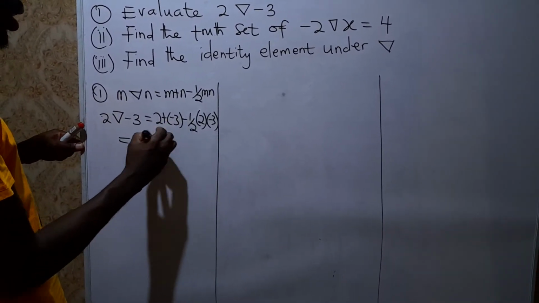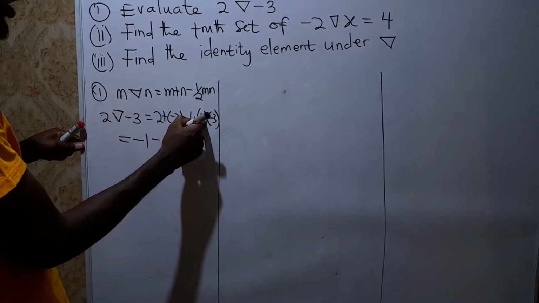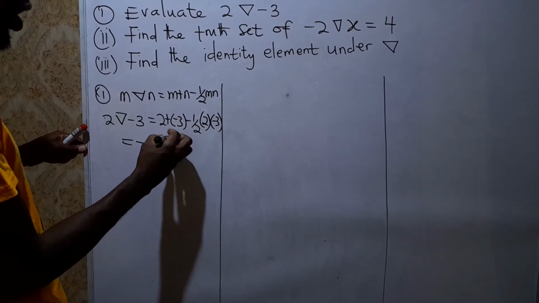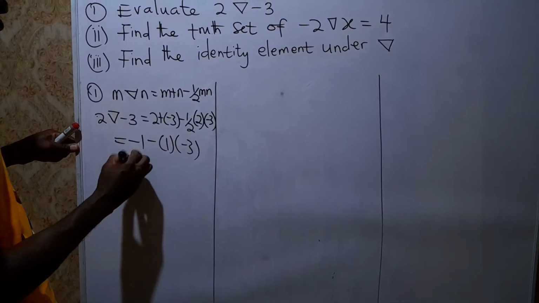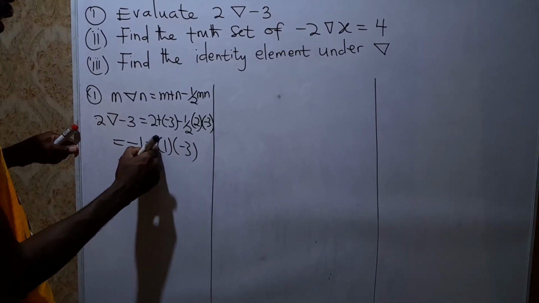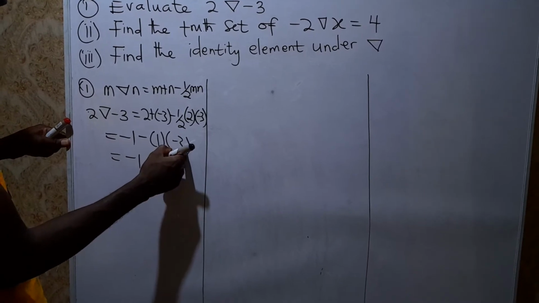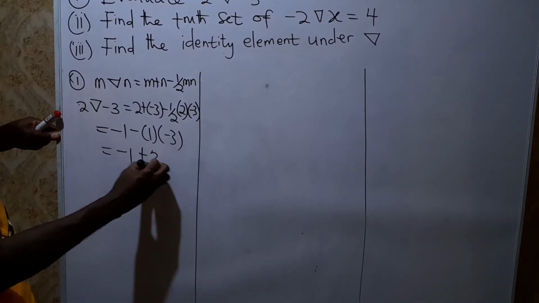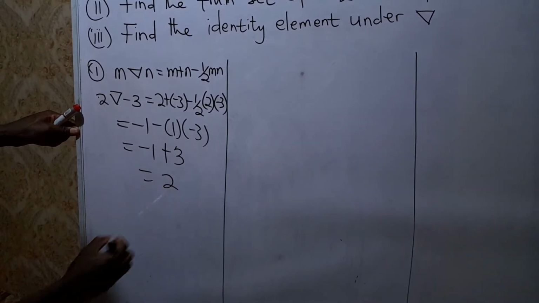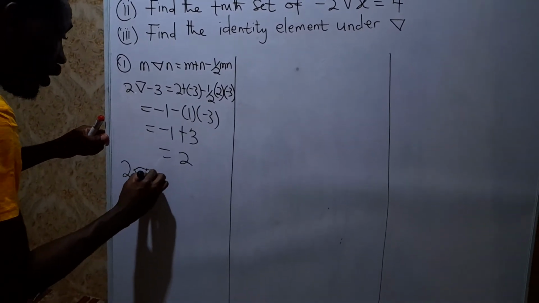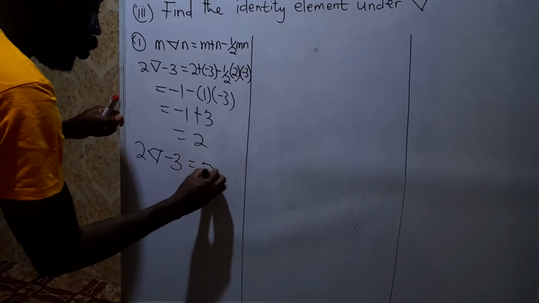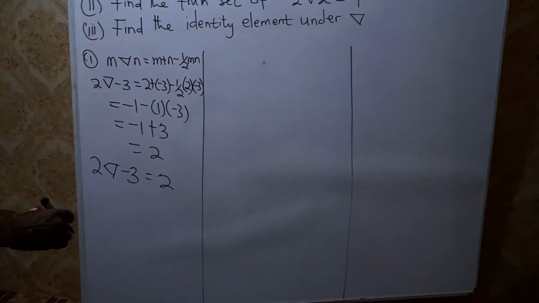Then half times 2 is 1, so 1 times negative 3. So we have negative 1 minus negative 3, that will be plus 3. So this will give us 2. So we can say that 2 nabla negative 3 is equal to 2 under the operation.